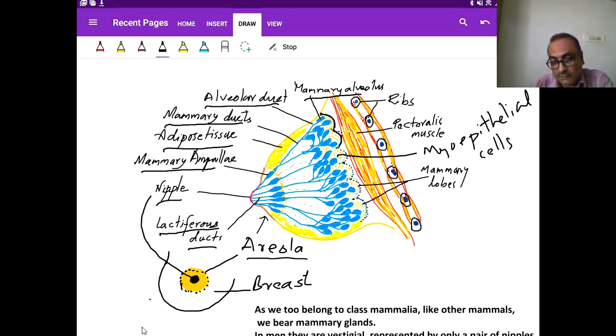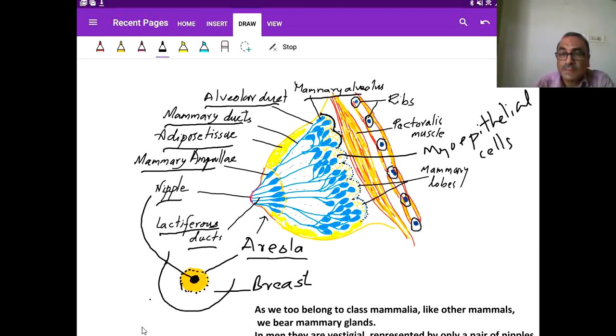Mammary glands are found in males also, in females also, but in males they are vestigial and they are represented by a highly reduced nipple and areolar region. So that is in men, and in women the mammary glands are very well developed. Mammary glands undergo further growth, especially the areolar region and nipple grow larger, and the breast also grows larger during pregnancy.